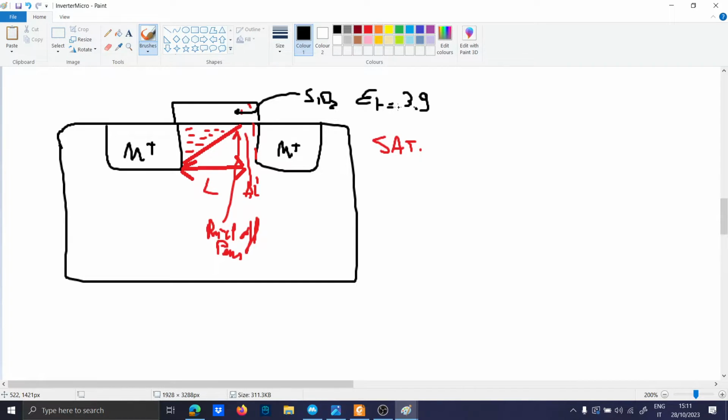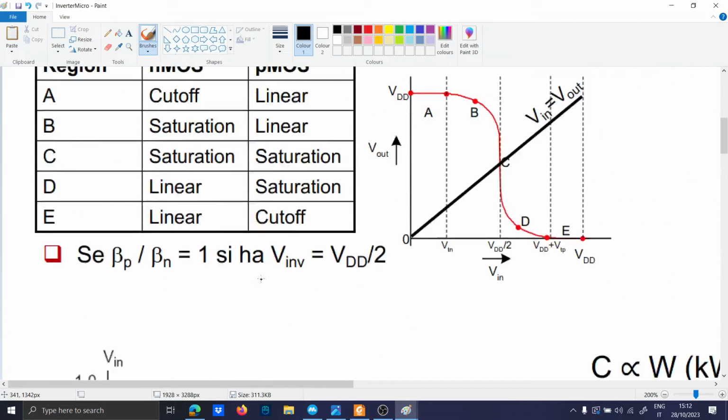And of course the rest is made of P. So this is basically how a MOSFET is made.